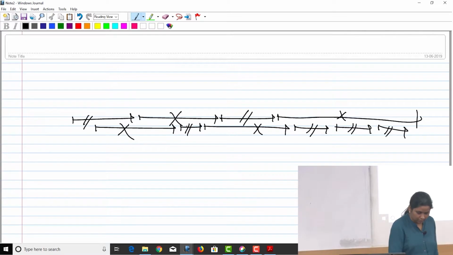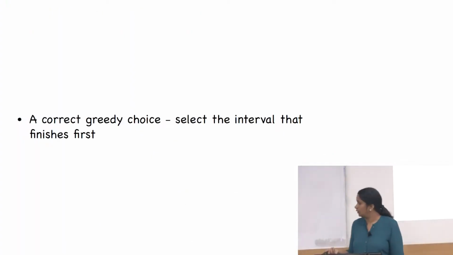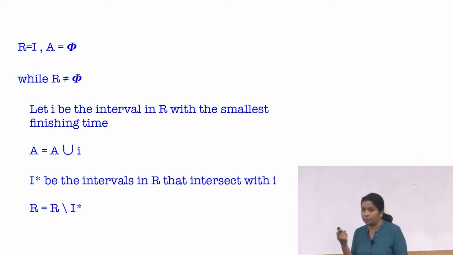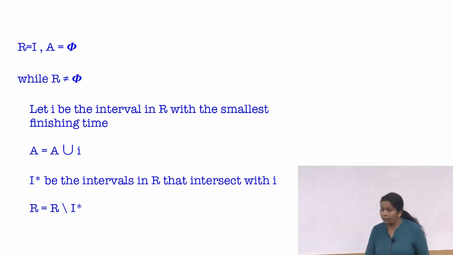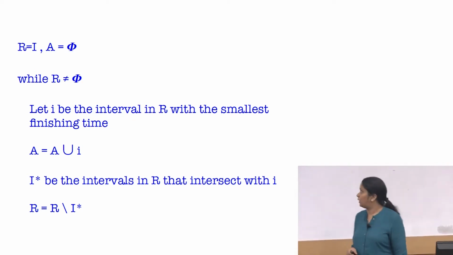So this is the algorithm that we are proposing. We start with R, the set of intervals that we are processing at any point, and A, the solution set we are building.